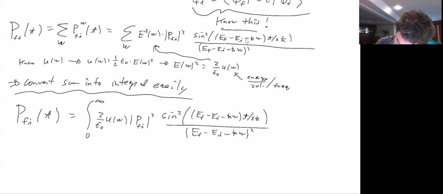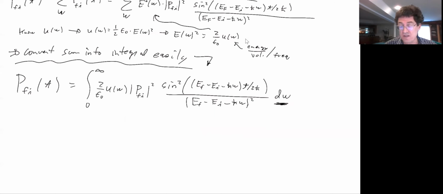And it's integrated over d omega. Whew, okay, so we converted the sum into an integral, and now we have it. And so that is the probability to have a transition.